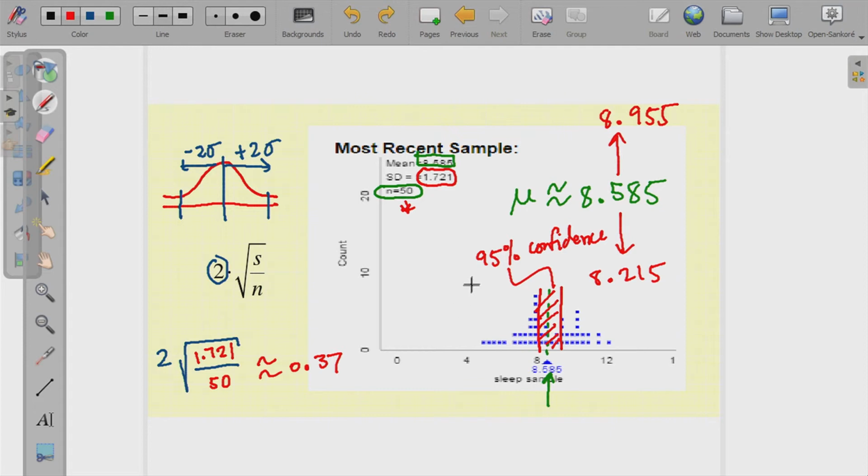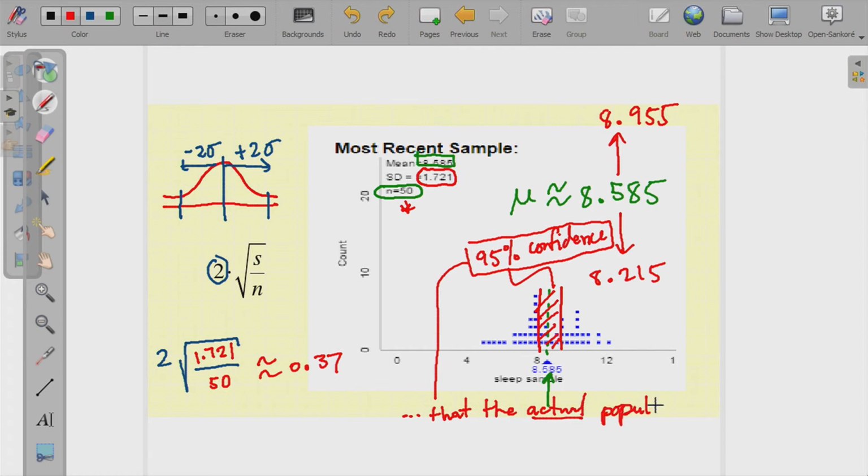So again, just like when we talked about proportions, when we report this type of thing, we can't just say a single number. And it's more egregious when we talk about population means, in that most reports with population means will give you just that value. You won't get a margin of error like you normally get in reports about proportions. They'll simply say, well, the mean sleep time of Americans is 8.585 hours.